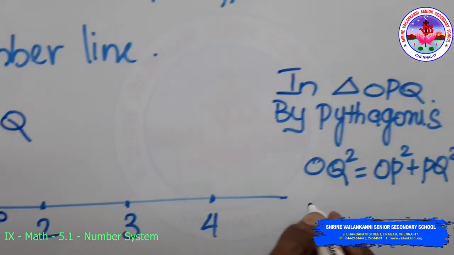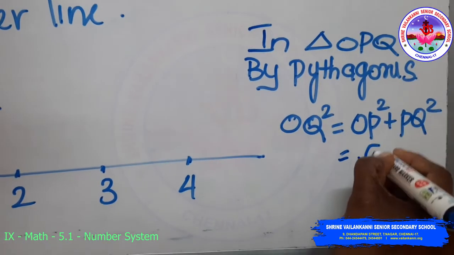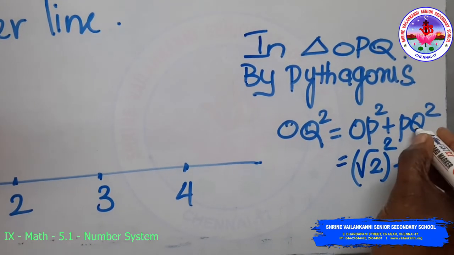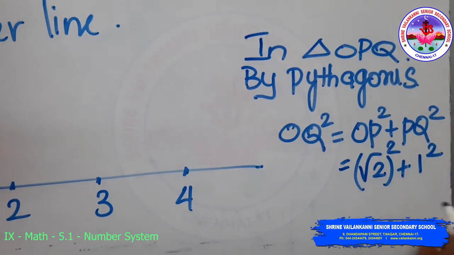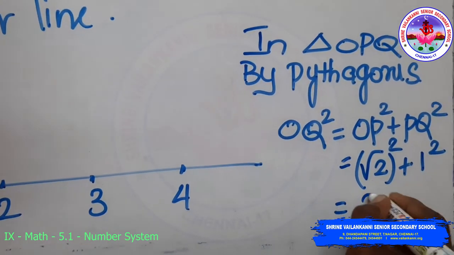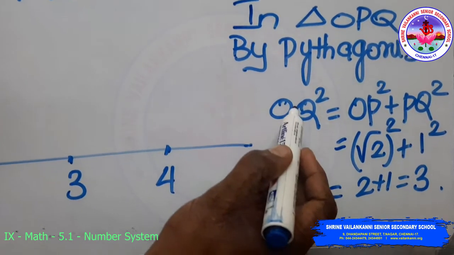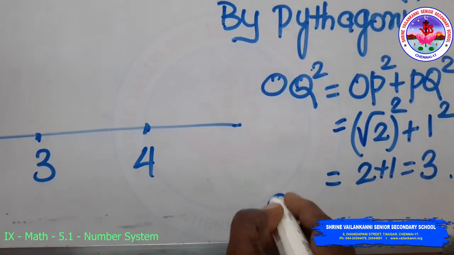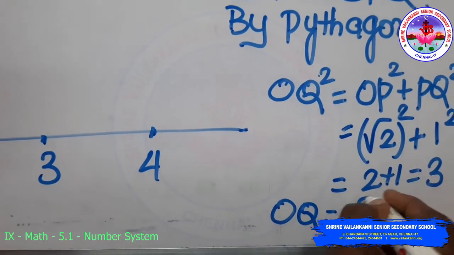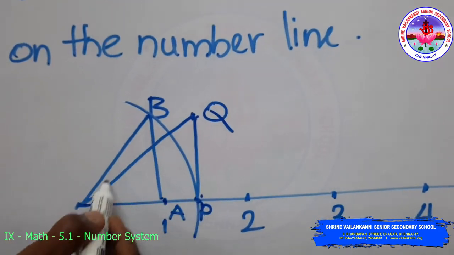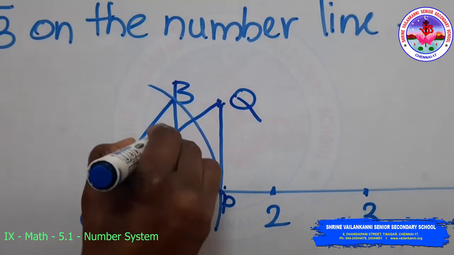So I substitute: OP is equal to square root of 2 the whole squared, and PQ is the perpendicular distance, 1 squared. So I get 2 plus 1, which is equal to 3. So I got OQ squared as 3, OQ is equal to square root of 3. From the figure, I got OQ measure as square root of 3.